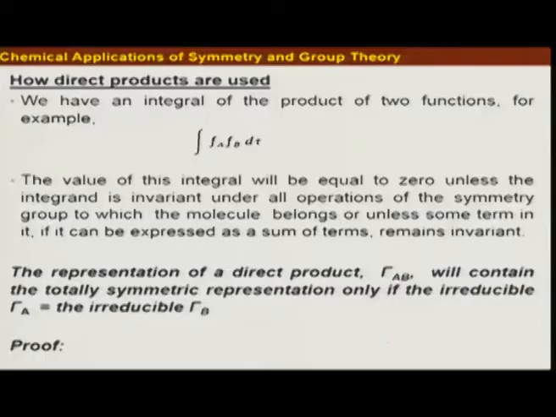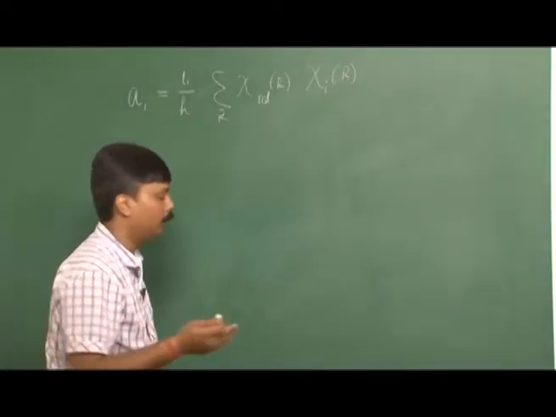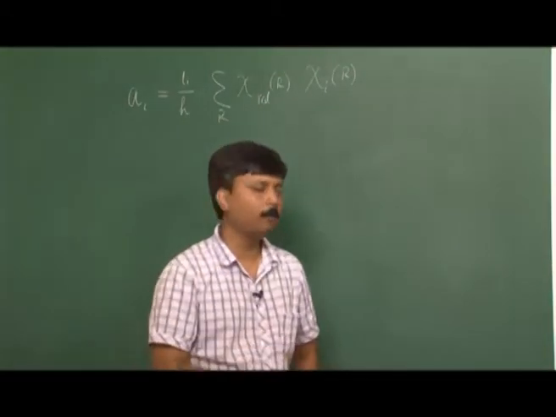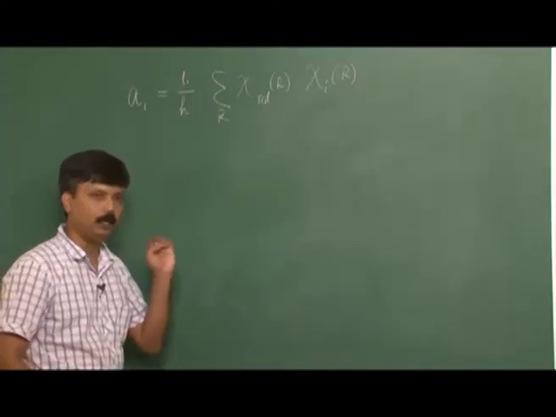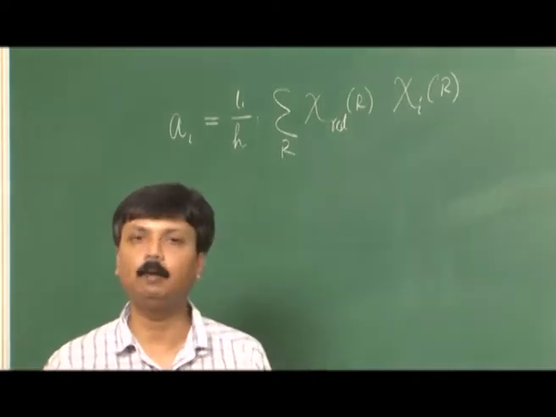So, this i represents one of these gamma, or one of the IRs of the point group, and here particularly we are interested in a particular IR which is the totally symmetric IR, and the totally symmetric IR is always represented by A1.